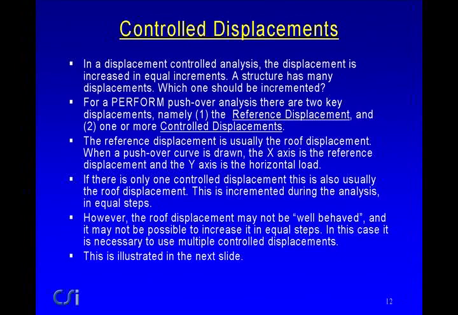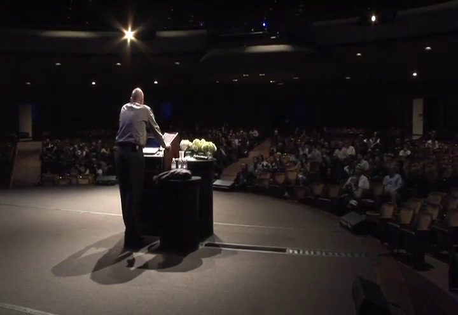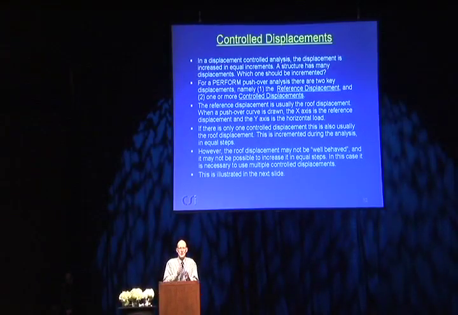So that is the reference displacement. But there's a second type of displacement, and this is the one that you want to increment equally in each step. Now, the obvious choice, and the choice you frequently use, is the same displacement, the roof displacement. But it doesn't have to be.